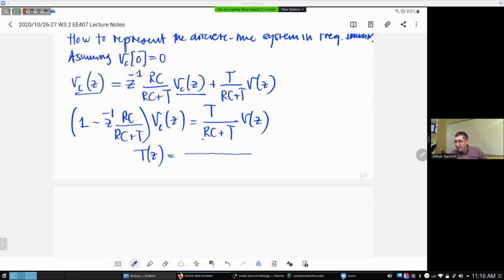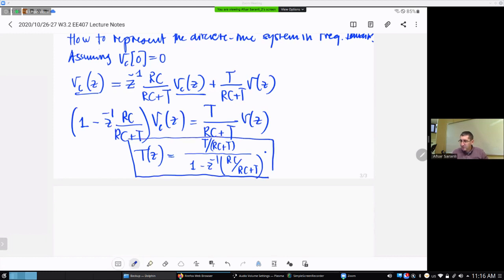So I have T over Rc plus T divided by 1 minus z to the minus 1 Rc over Rc plus T. This is our transfer function, right? So the Z domain transfer function. Okay. All right.